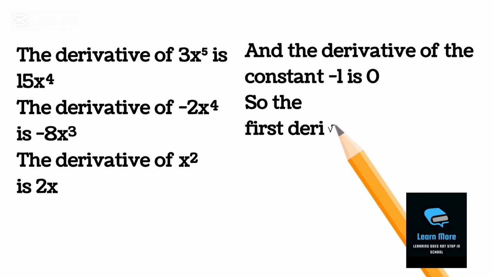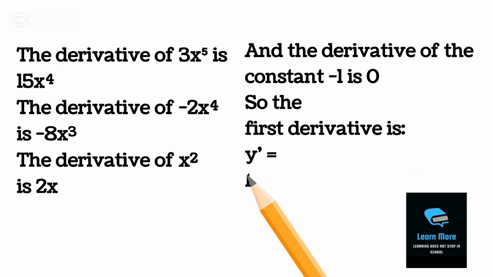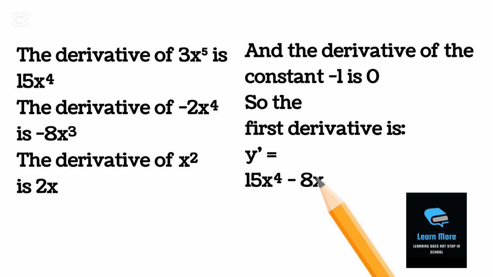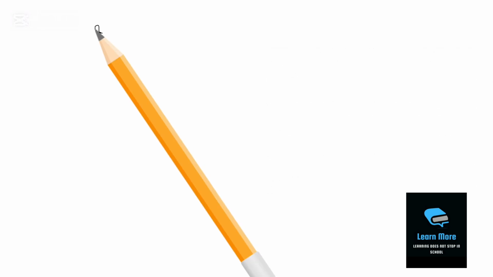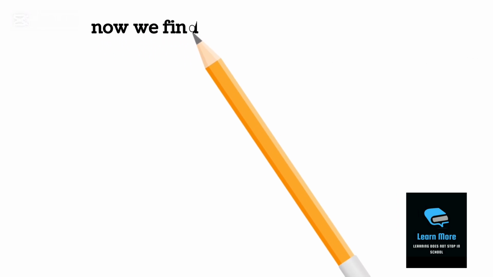The first derivative of 3x raised to power 5 minus 2x raised to power 4 plus x squared minus 1, which is y prime, will be equal to 15x raised to power 4 minus 8x raised to power 3 plus 2x.